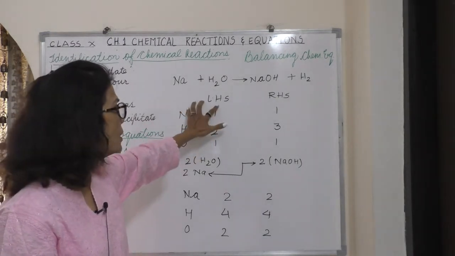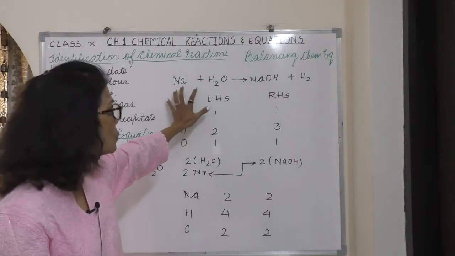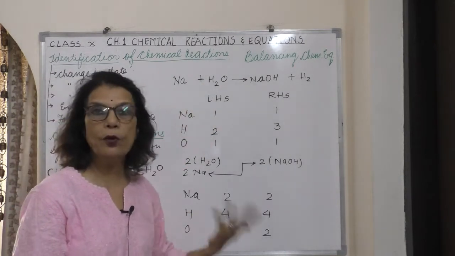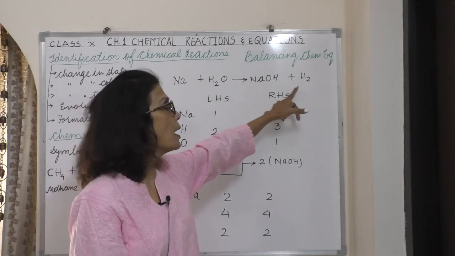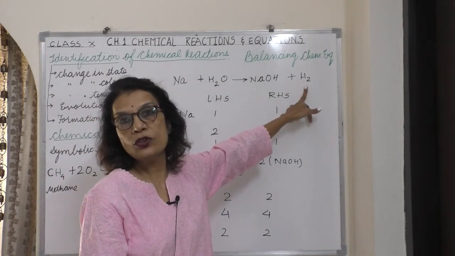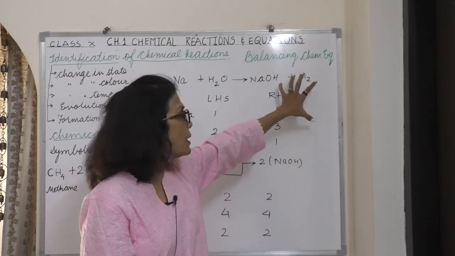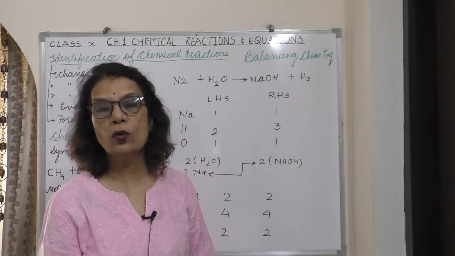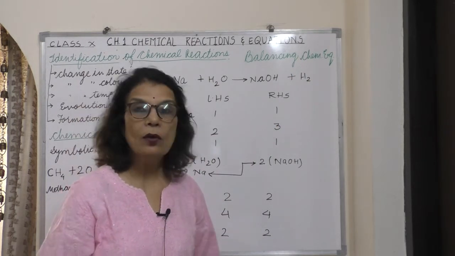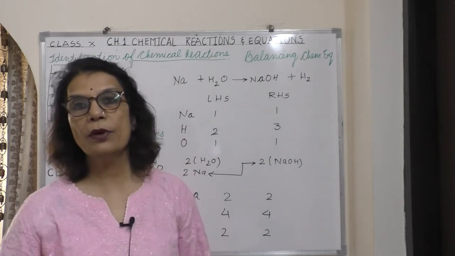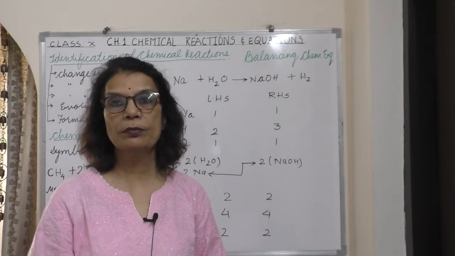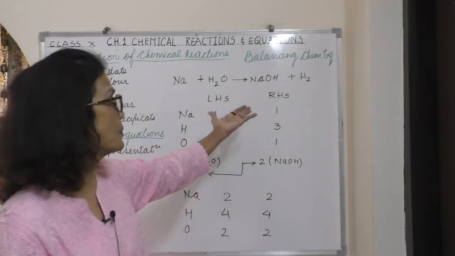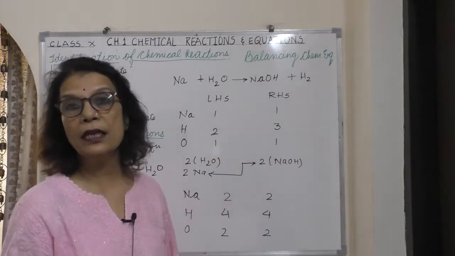So on the left hand side, my reactants are sodium and water. As a product I am getting NaOH, that is sodium hydroxide, and here hydrogen is evolving. As a product I am getting NaOH and H2. Now am I getting the same number of ions or molecules, or are the products in equal number?